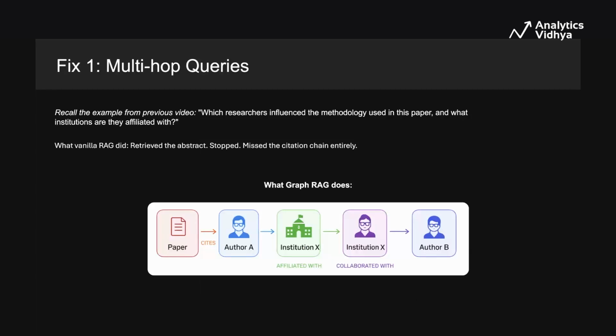Now, let's go back to the example from the previous video. Which researchers influenced the methodology used in this paper, and what institution are they affiliated with? Vanilla RAG retrieved the abstract, stopped, and missed the citation chain entirely. Here's what Graph RAG does. The knowledge graph has already captured the entities and relationships from the paper during indexing.